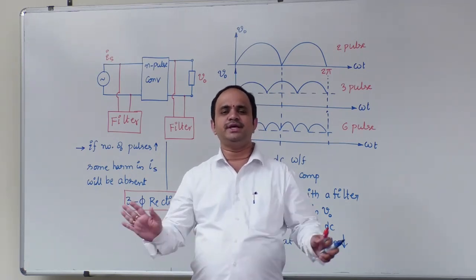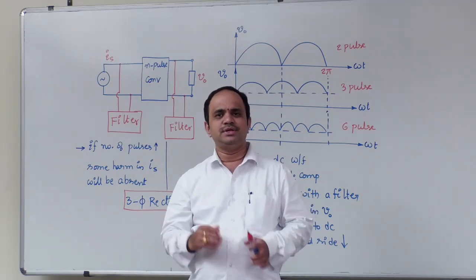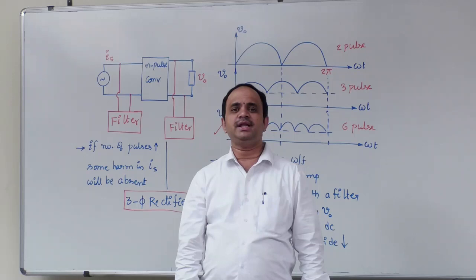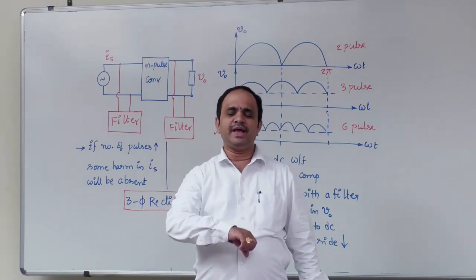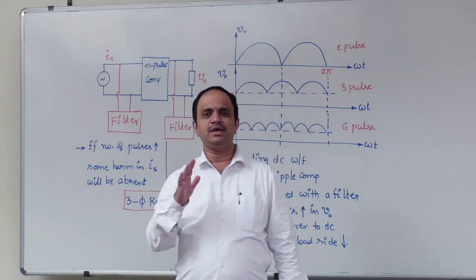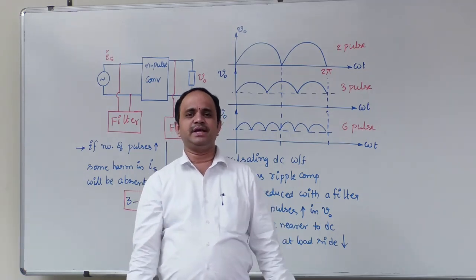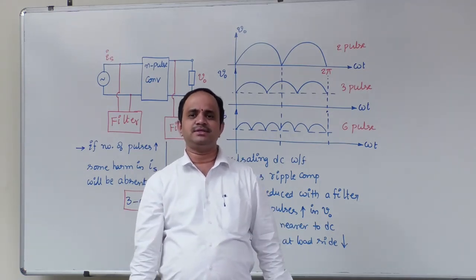Therefore the conclusion is, in three-phase rectifier circuits, by operating the converter with more number of pulses, the filtering requirement at the source side as well as the load side can be reduced, right? So with this objective we will study three-phase rectifier circuits.